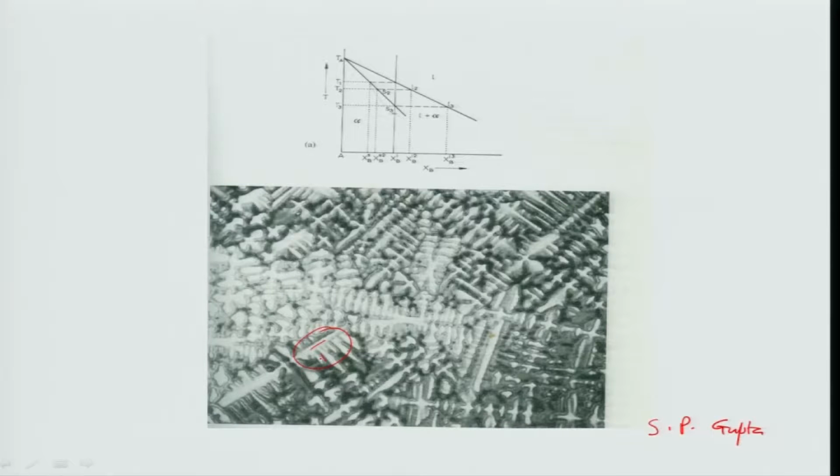Normally we prepare samples metallographically by using certain polishing followed by etching. Etching means using certain chemical agents to remove certain things in the microstructure. Like in copper nickel alloy you use ferric chloride as the agent.